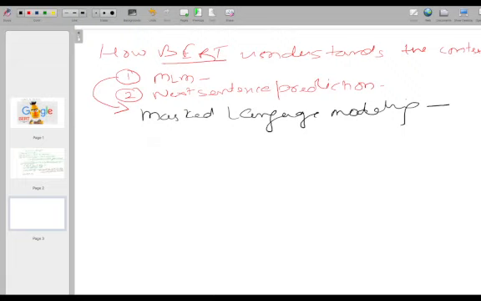It says that, for example, like I gave you the example, I am a good boy. So what we do in masked language modeling is we mask some of the tokens.